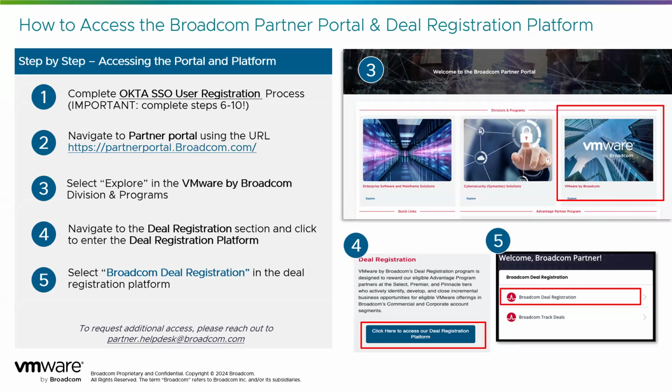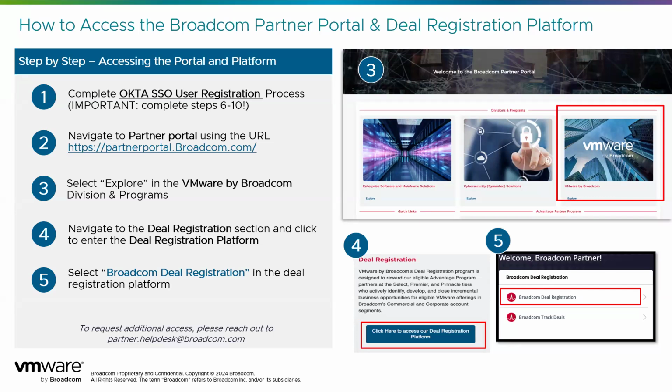Step 2, once you've completed the Okta registration process fully, go to the Broadcom Partner Portal by using the URL that you see linked here, and then select Explore on the VMware by Broadcom Division and Programs tile, and then navigate to the deal registration section and click on Enter the deal registration platform.